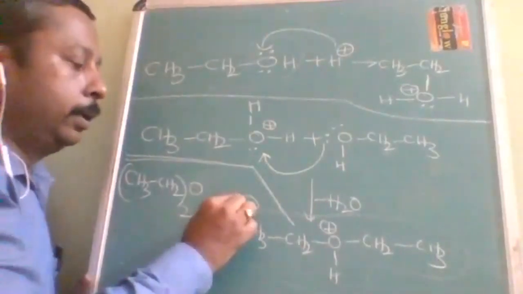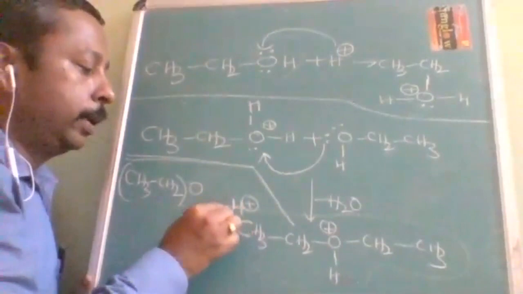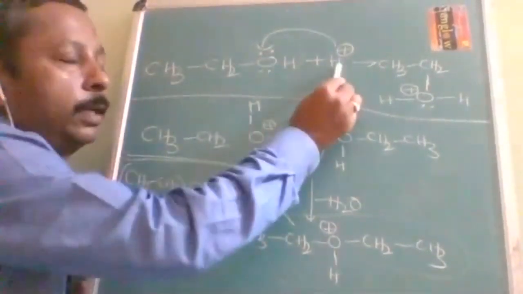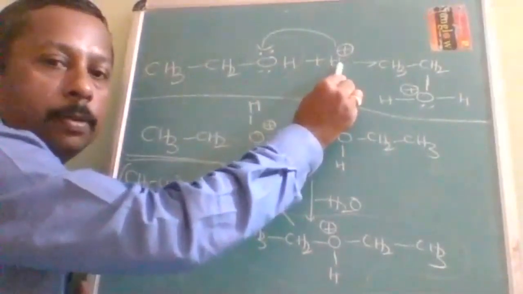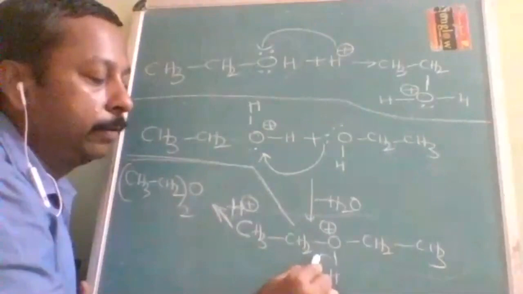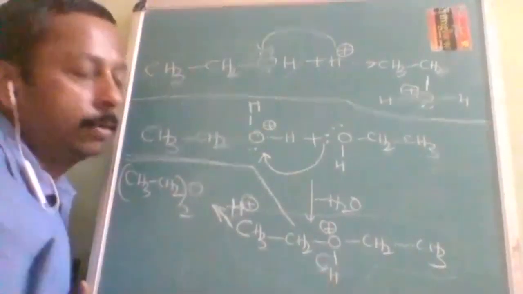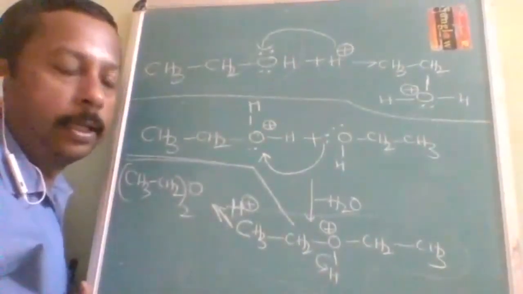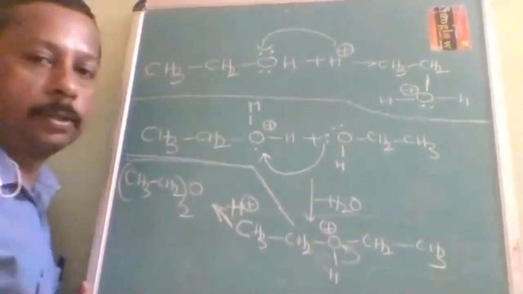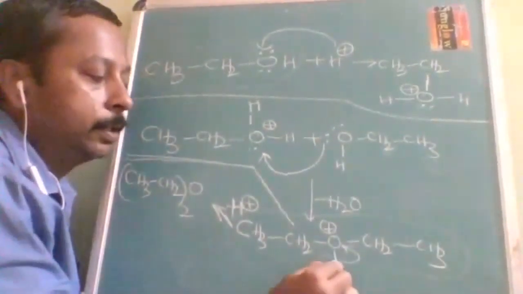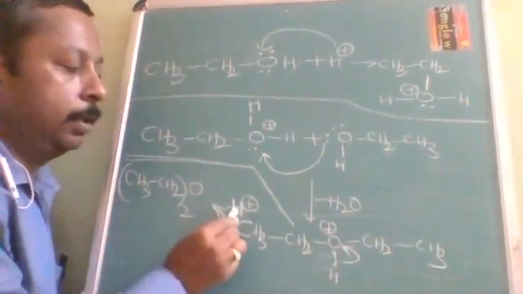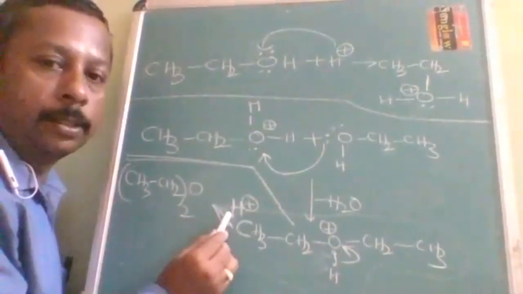See here, I told you the reagent is sulfuric acid. It provided the H plus in the starting, but it should be given back. So this electron will be given back to the oxygen, and hydrogen will be lost as H plus.